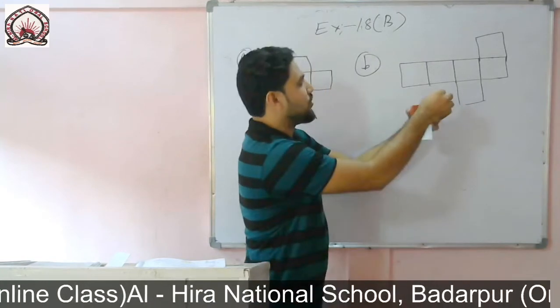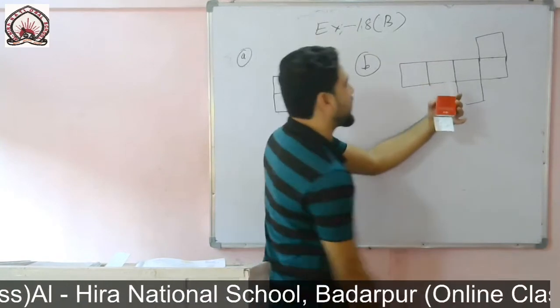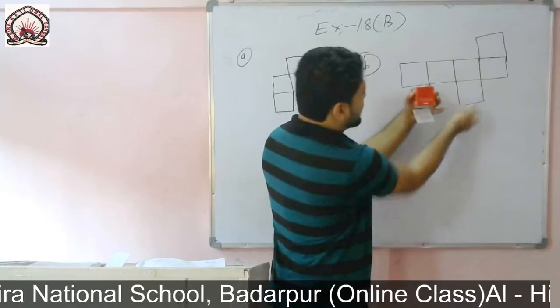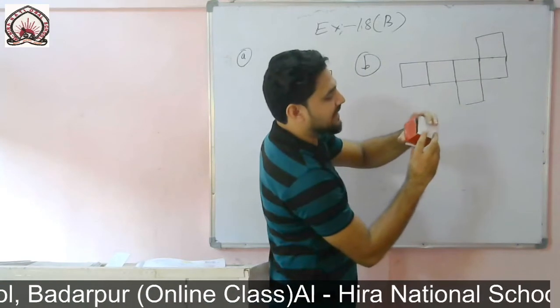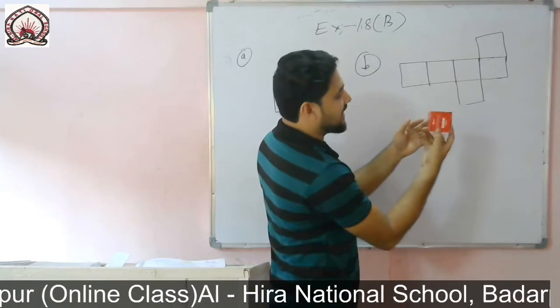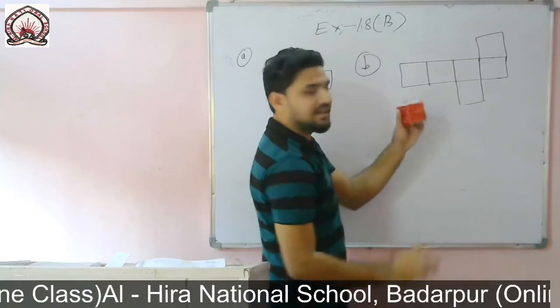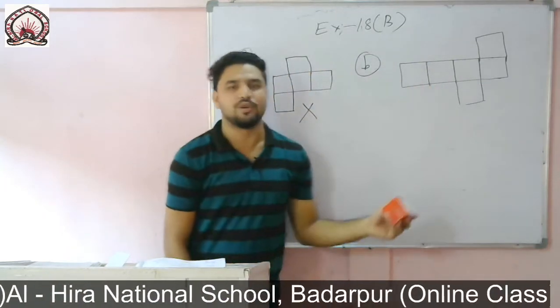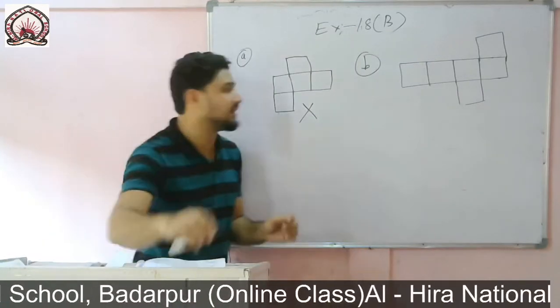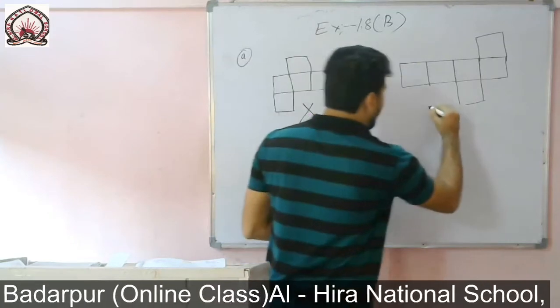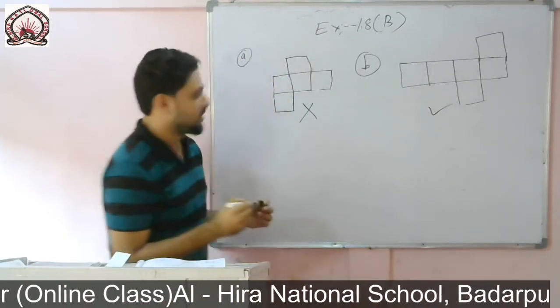Now this top and this bottom, you see it is a closed box, all the sides are closed. So this net will form a closed box. In this case it is possible.